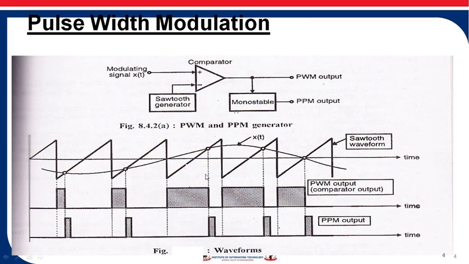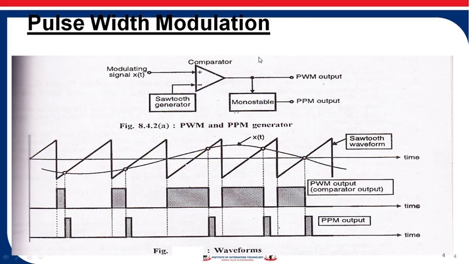The next type of pulse modulation is pulse position modulation. The pulse position modulated signal is generated from the pulse width modulated signal.